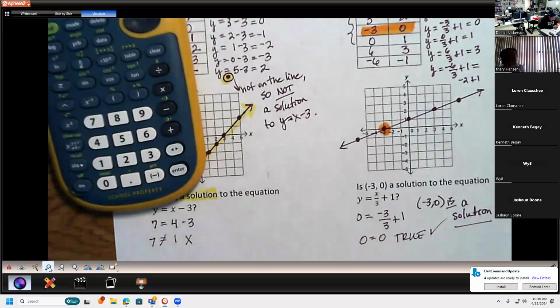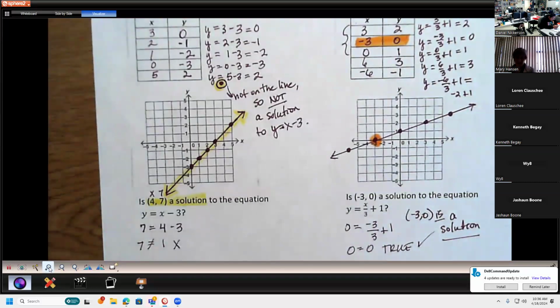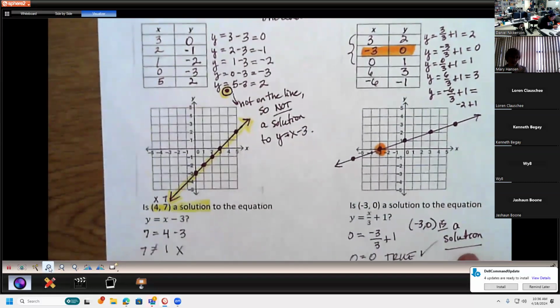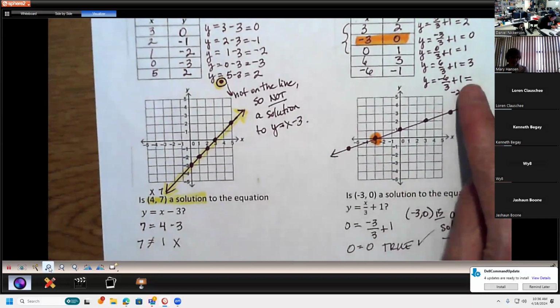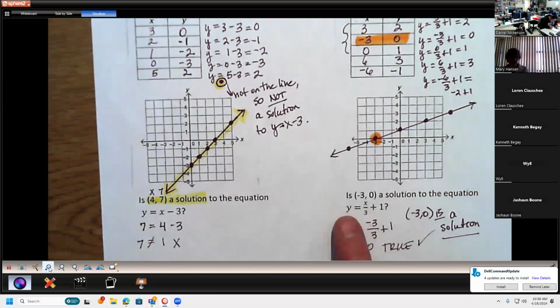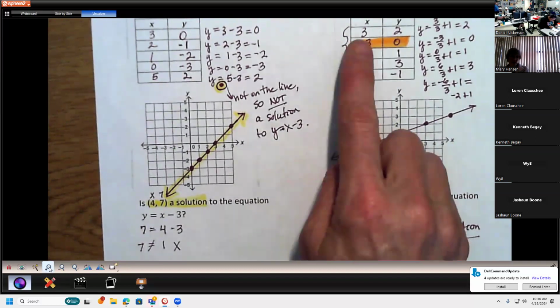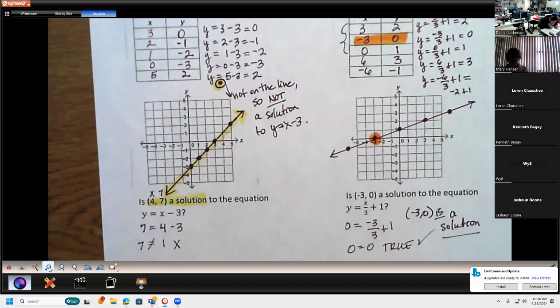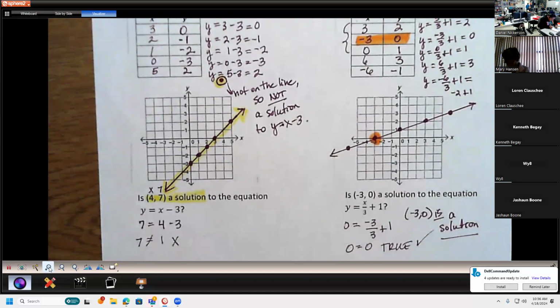The graph is showing us all the points that are solutions. So I can get it from the graph, I can plug it into the equation, or if I happen to choose that number in the table, I can see it there as well.